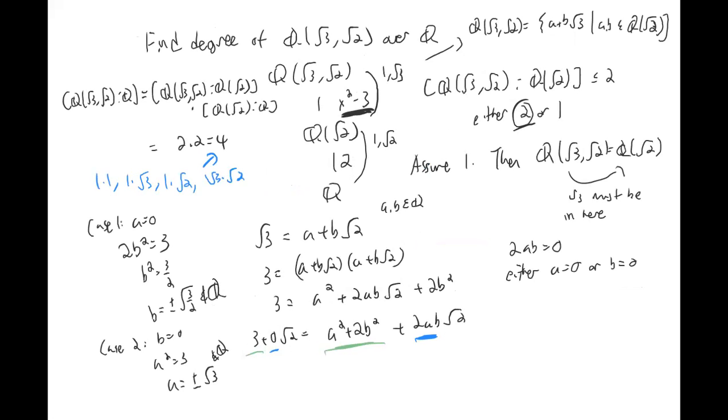You should get 4, because it's degree 4. So 1, root 3, root 2, root 6. Does everyone follow?